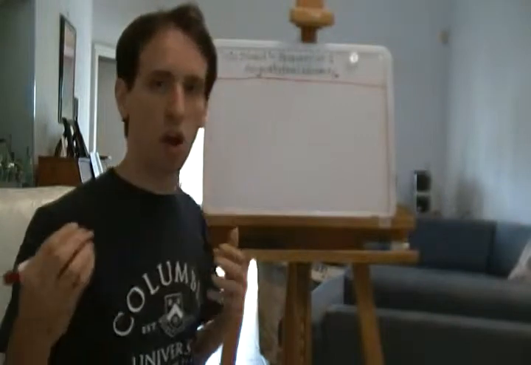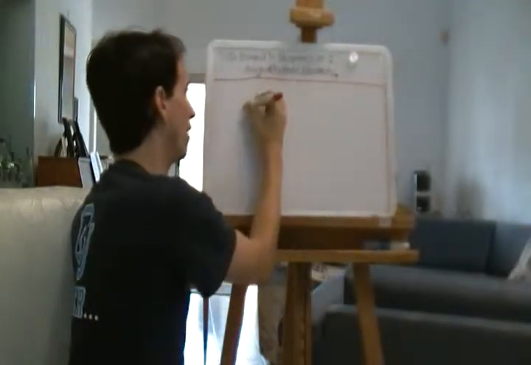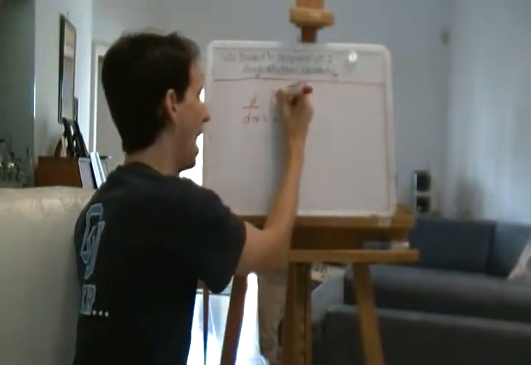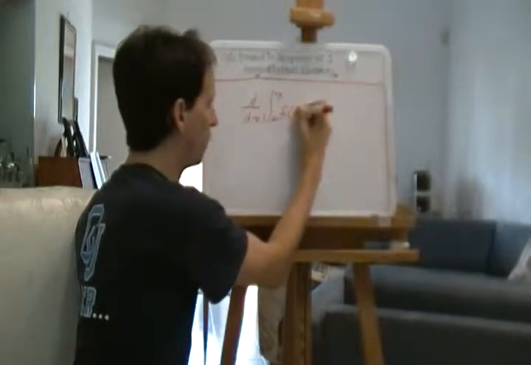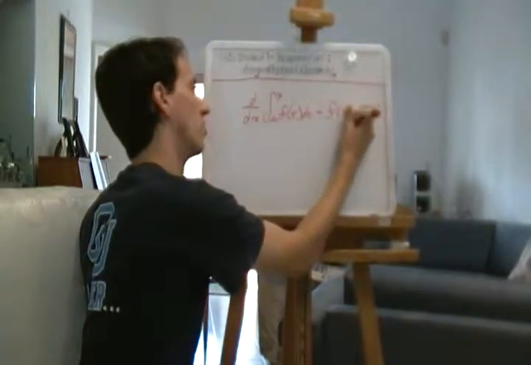So for instance, we know from part 1 of the fundamental theorem of calculus that the derivative of the integral from a to x of f of t dt equals f of x.